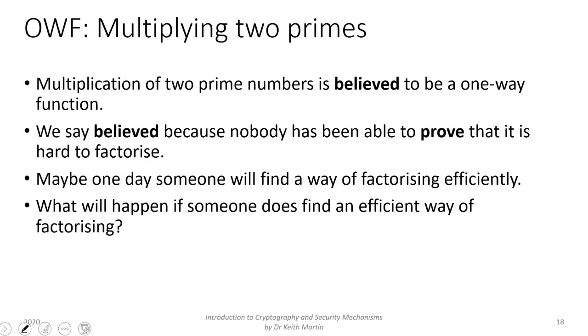One of the points about multiplying prime numbers is that, at least until now, it is believed that it is hard to factorize a number. Finding the factors, finding which two numbers multiplied will produce a number, is a hard thing to do. The security of such a function will depend on whether somebody can find that or not.